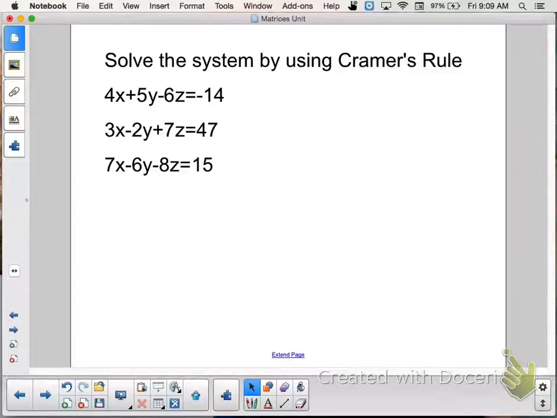On the homework, I have given you some systems of 3 equations, and I want you to pick only one of those. I've given you 3. I want you to pick one that you do every single step for, that you figure out Cramer's rule for every single step along the way. The other 2, you can figure out either by doing only 2 determinants and figuring it out from there.